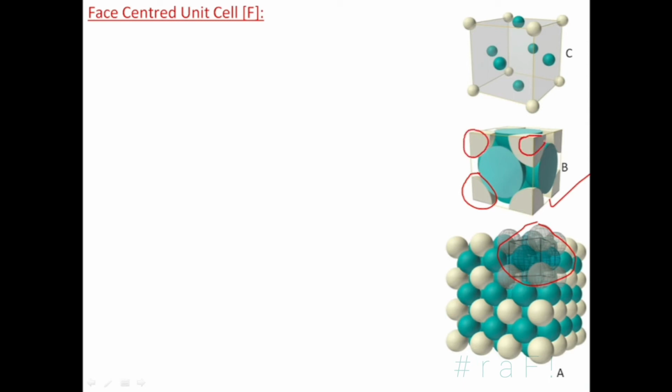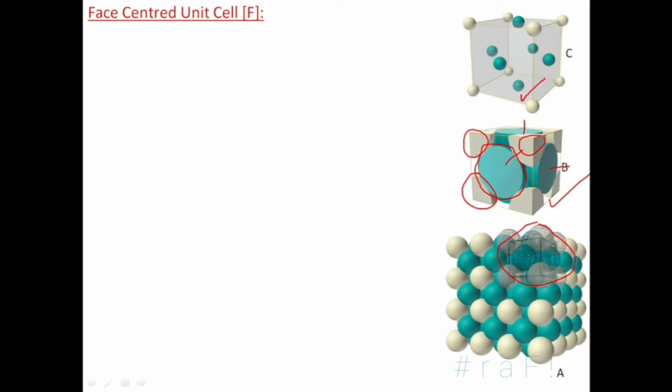And see here, each face of this unit cell contains half of an atom, and the remaining half of the atom is shared with its neighbor. See this face also, this face. In total 6 faces are there, and all these 6 faces share half of an atom with their neighbors.